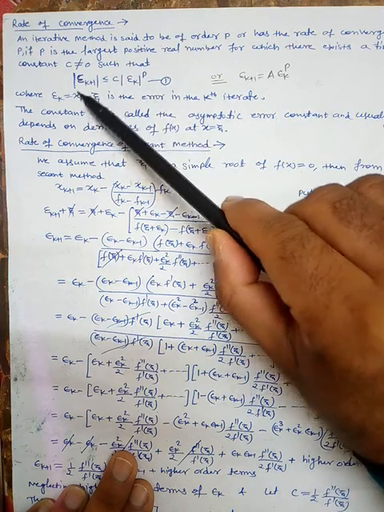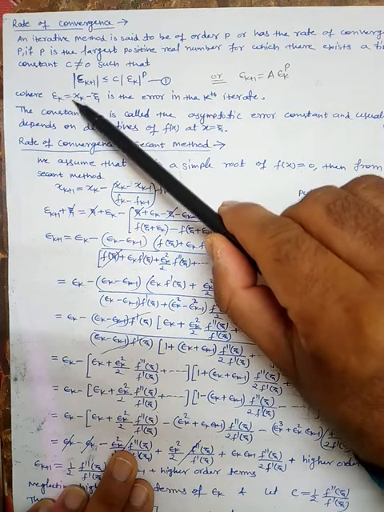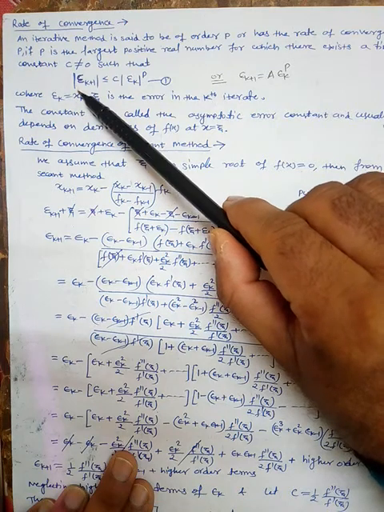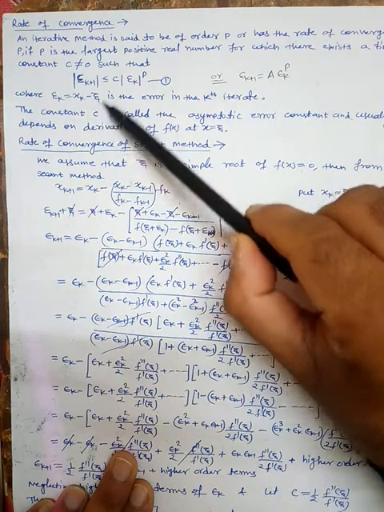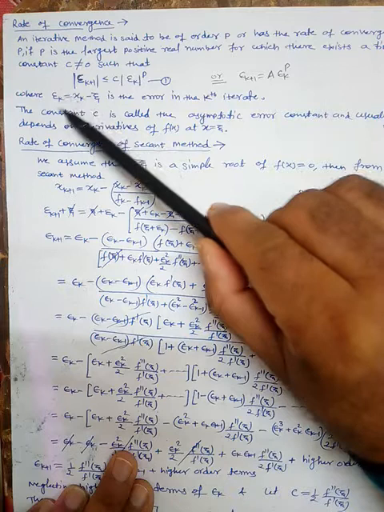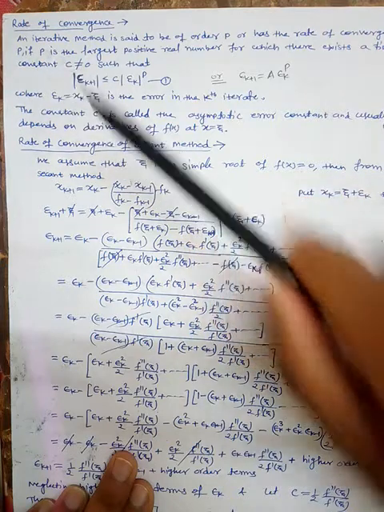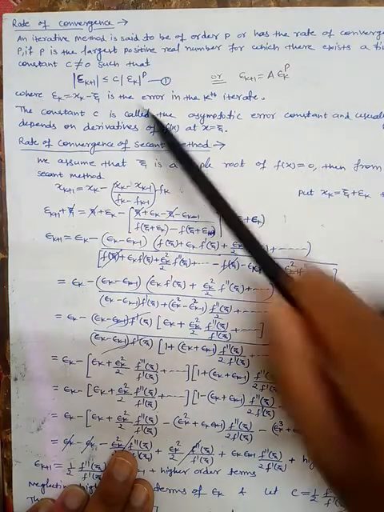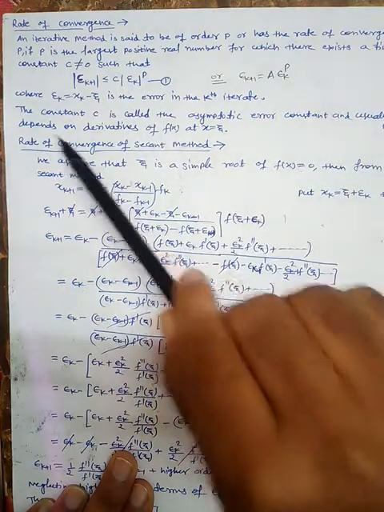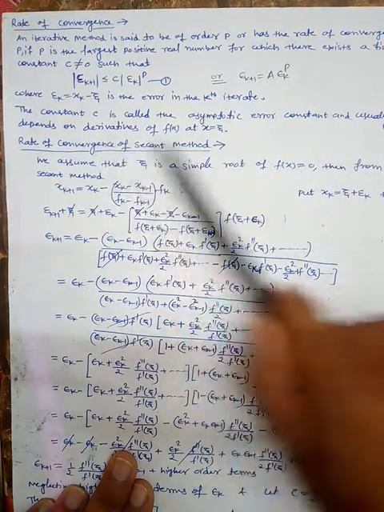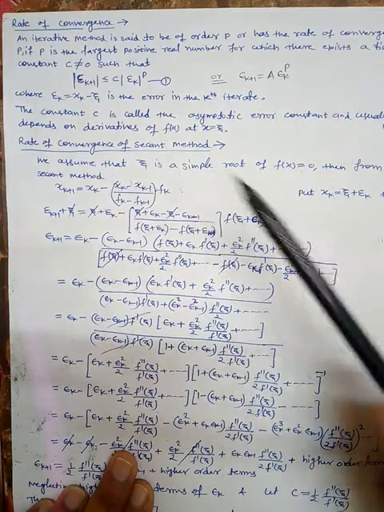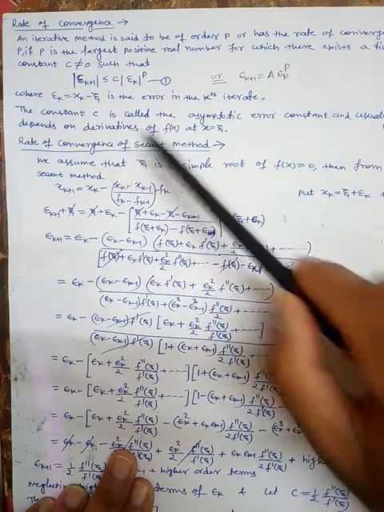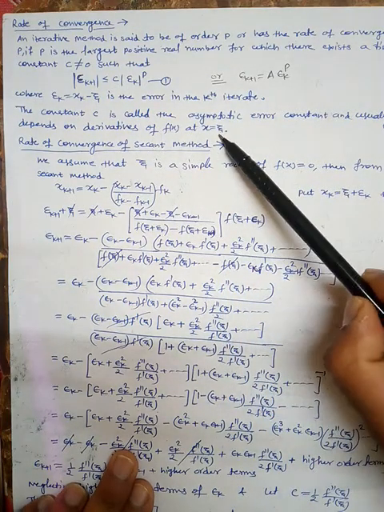Epsilon k is the difference between the approximated root after the kth iteration and the exact root. So the difference is nothing but the error. Now the constant C is called the asymptotic error constant, and usually depends on the derivative of the function. So this C basically depends upon the derivative of the function at the point xi.